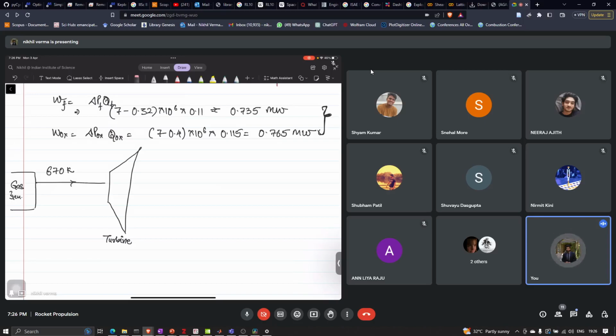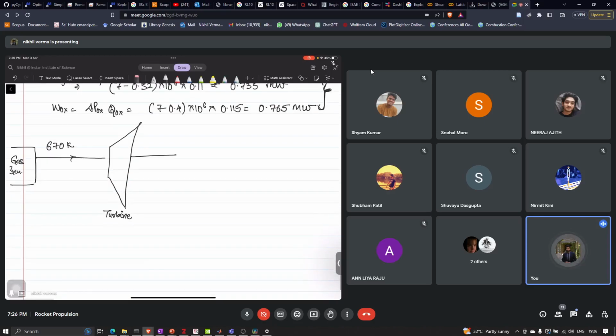And it is asked what is the mass flow rate that is required by the turbine to drive the pump. So first of all, we have to calculate what is the work that is required by the turbine to drive the pump, and then based on this work done, we can calculate what is the mass flow rate that should be supplied through the turbine.